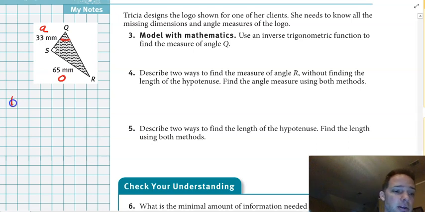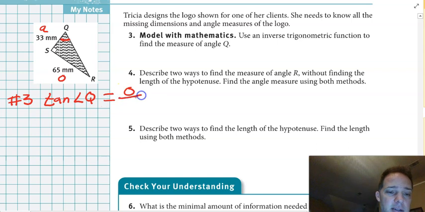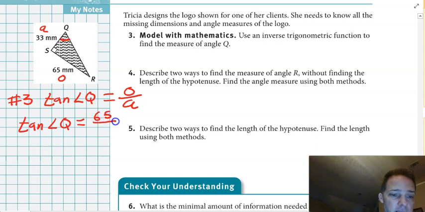So I know for number 3 that tangent of angle Q equals opposite over adjacent. If I plug in the pieces that I know, the opposite piece is 65 millimeters and the adjacent piece is 33 millimeters.